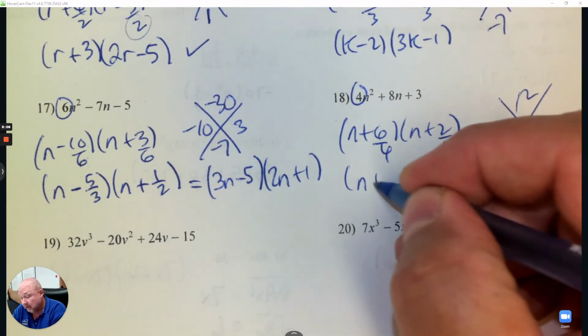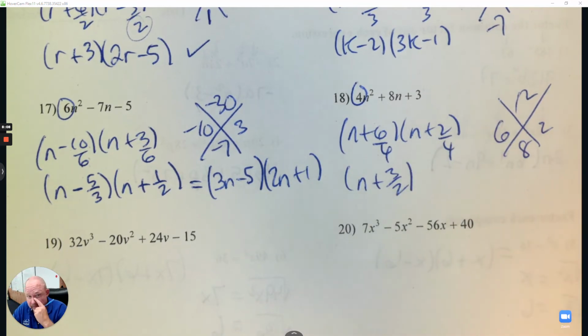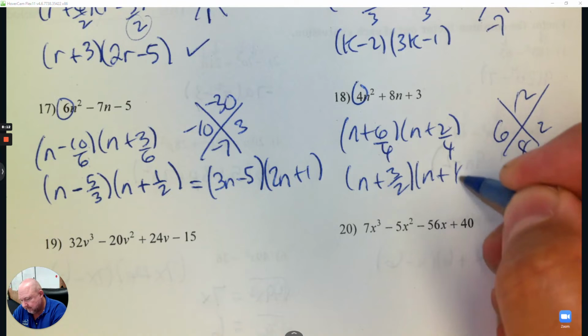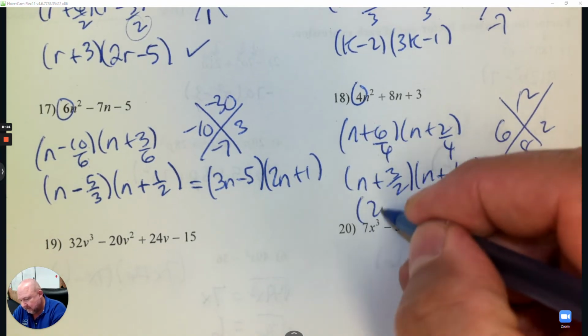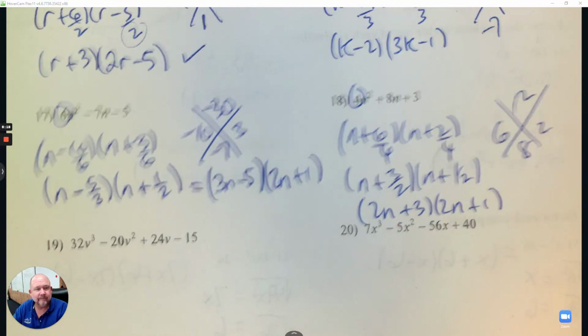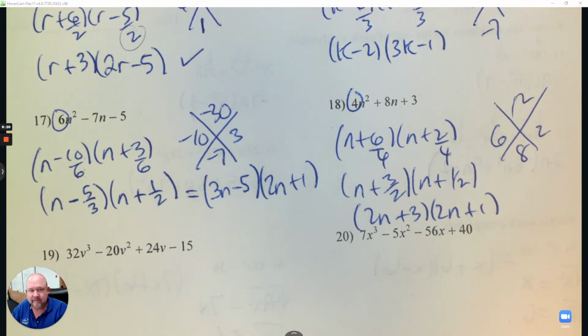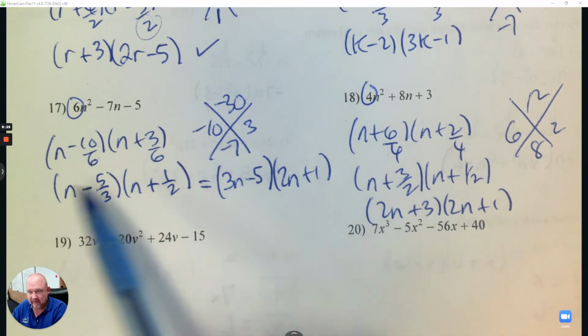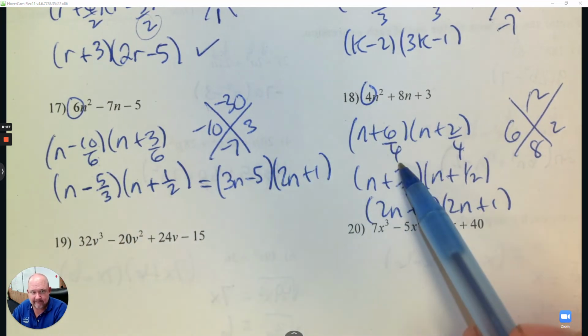Again, they need to be written in lowest terms. So we're going to divide by 2, top and bottom, and then divide by 2, top and bottom. Now I can slide the denominator in front. All right, so that was practicing when you have to slide the denominator in front and divide.